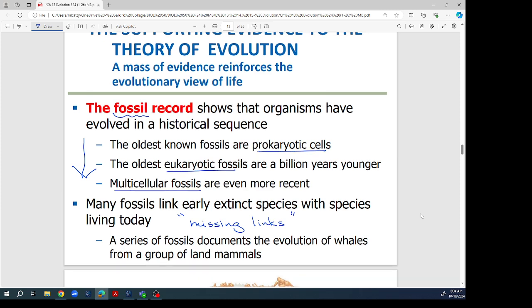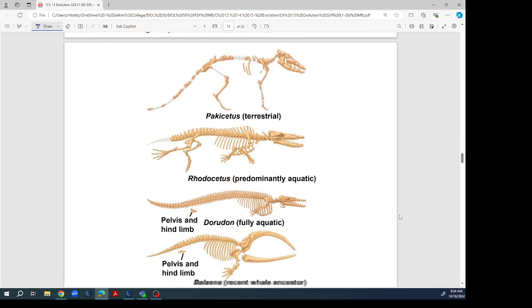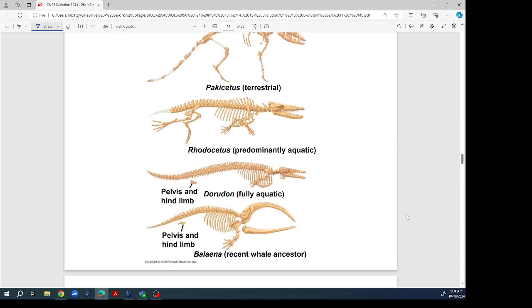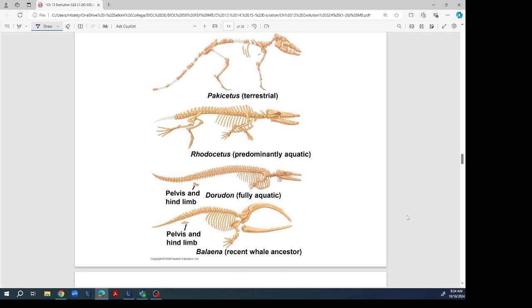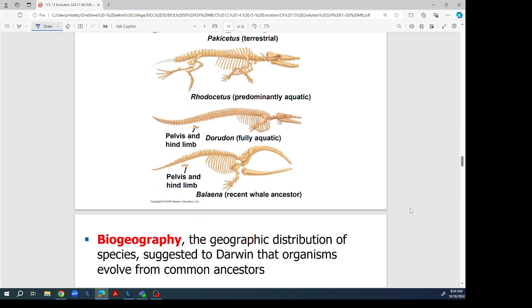As an example, your textbook talks about the evolution of whales and these ancient extinct species that may have existed that led to the evolution of more modern whales that we could see today. And so you could see some commonalities in the body design here and some changes over time.